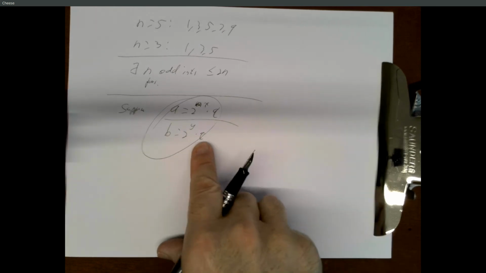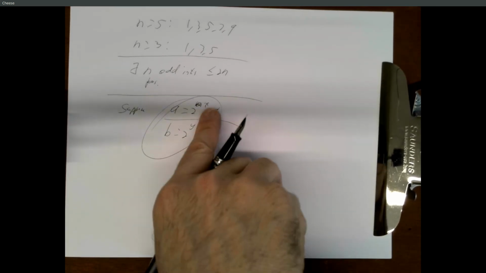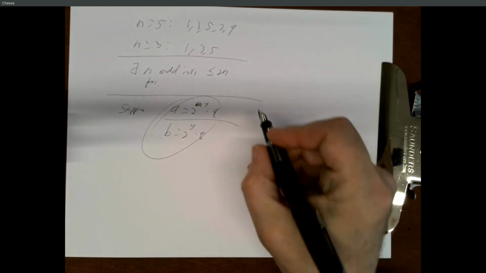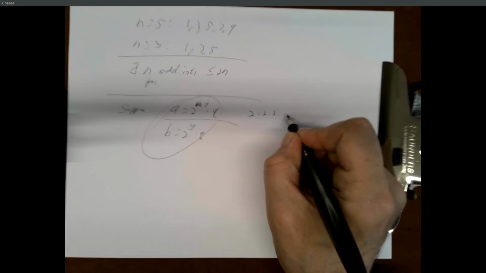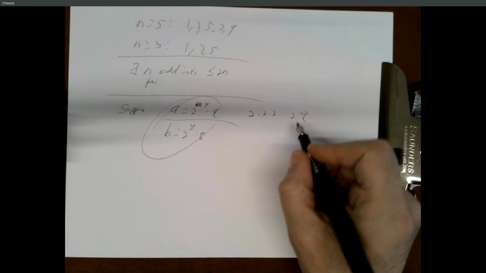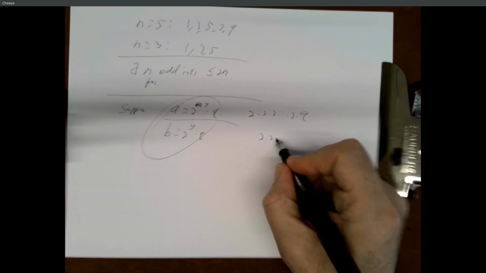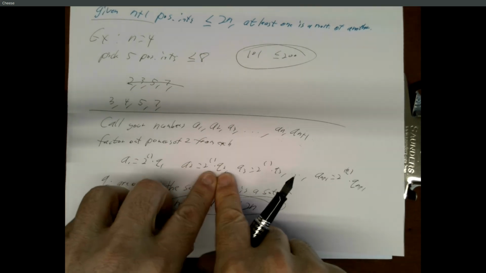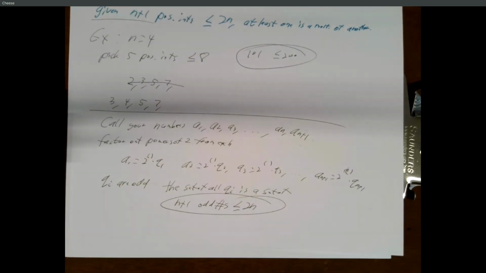And if b happens to be bigger, then b divided by a would be 2 to the y minus x. In other words, if I write this out, it's a bunch of 2's multiplied by q, and this is a smaller number of 2's multiplied by q. This is just equal to that times the smaller one. So for these original numbers, which were a power of 2 times that q, the larger one is a multiple of the smaller one.